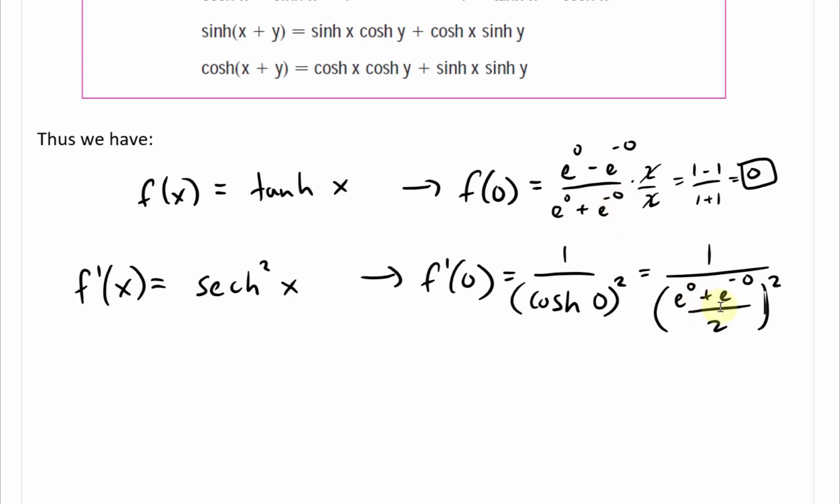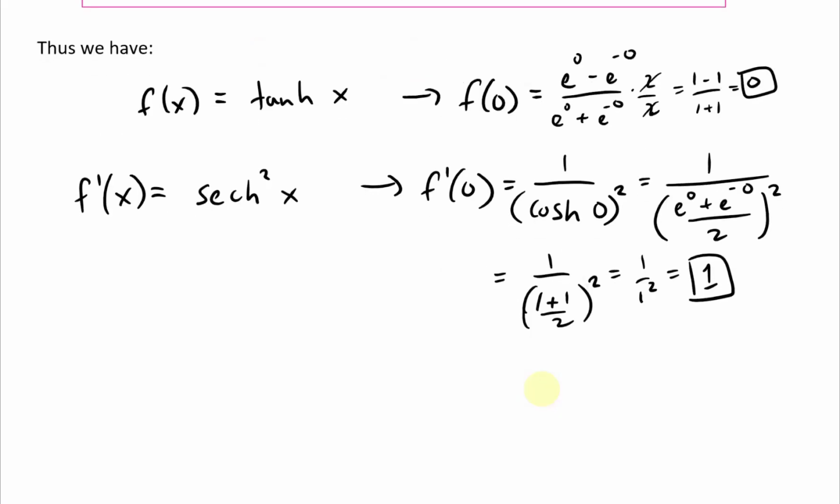So then 1 plus 1 is 2, and those cancel, so this is going to equal 2. We'll just put it down, 1 plus 1 over 2 squared. So this is going to be 2 over 2, and 2 over 2 is 1, and it's going to be 1 over 1 squared, and that equals just 1.